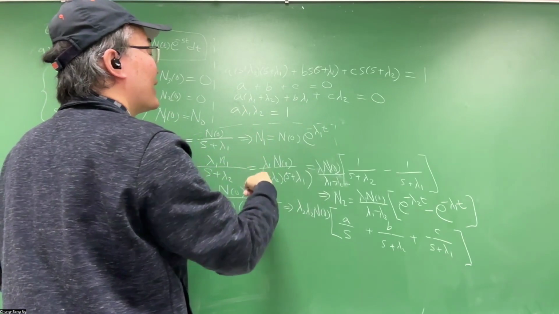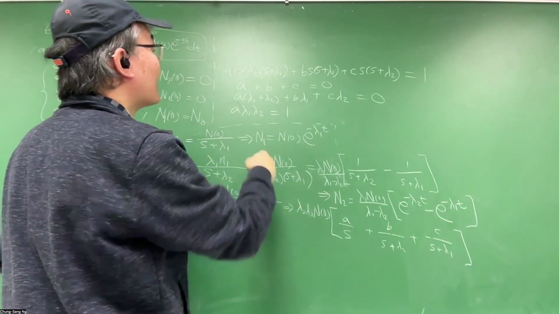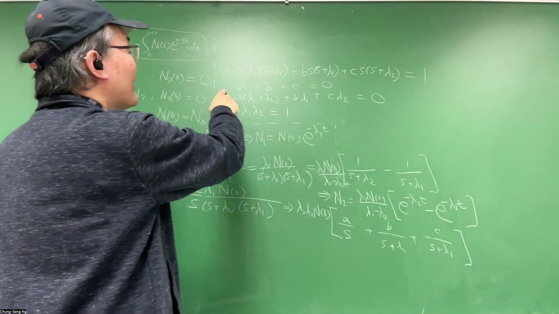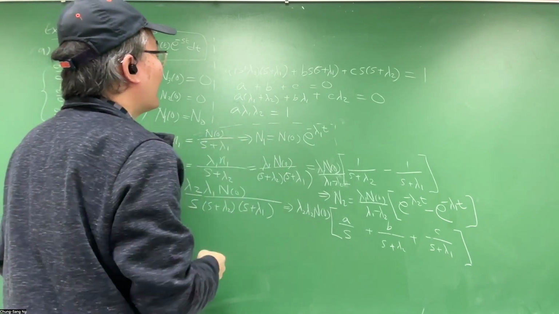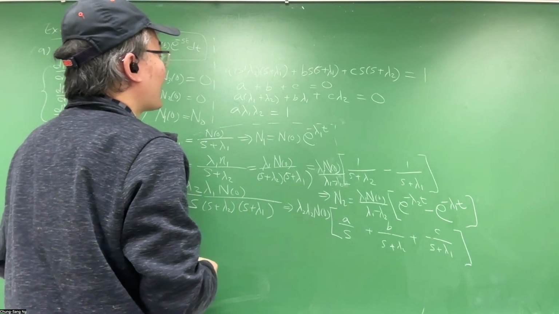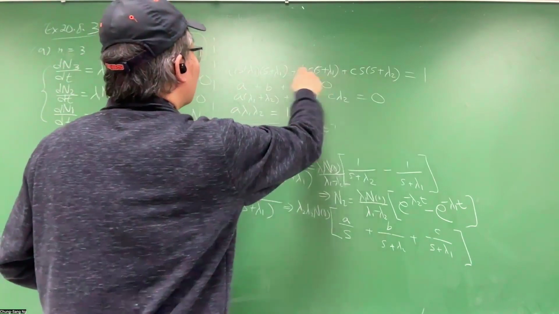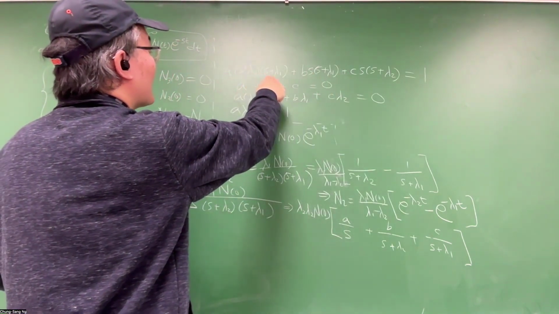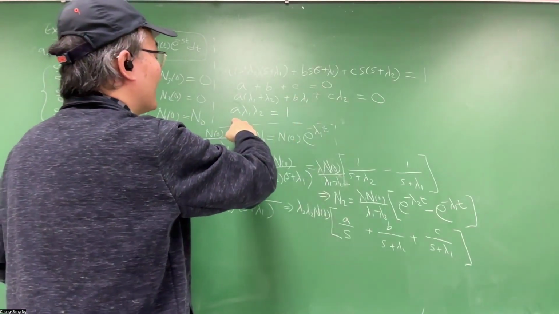I usually solve it by giving S equal to 0, S equal to minus lambda 1, S equal to minus lambda 2. You set S equals 0, then we get the value for A, which is A lambda 2 lambda 1 equals 1. Now set S equal to minus lambda.